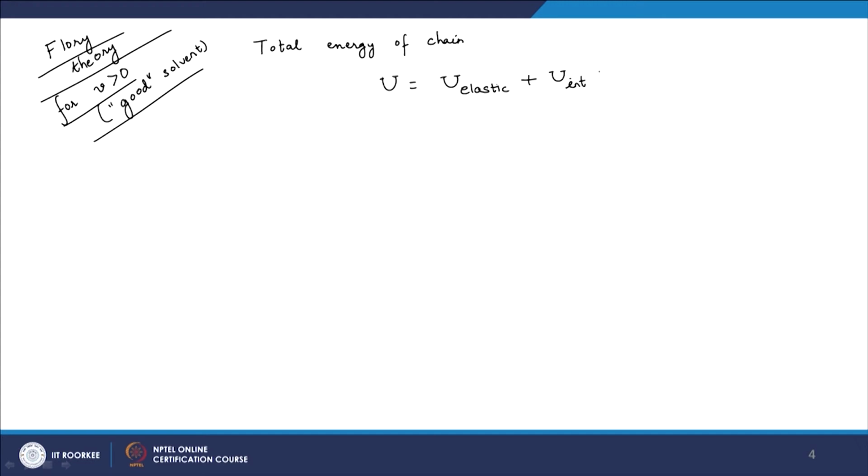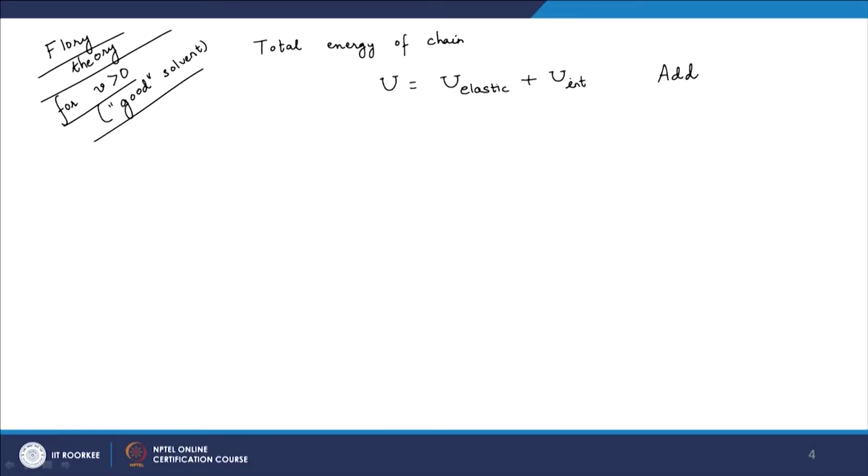Now there is a small detail here: whenever we say that the energy is the sum of the two contributions, we are actually making an approximation that is known as the additivity approximation, which is again not rigorously valid.